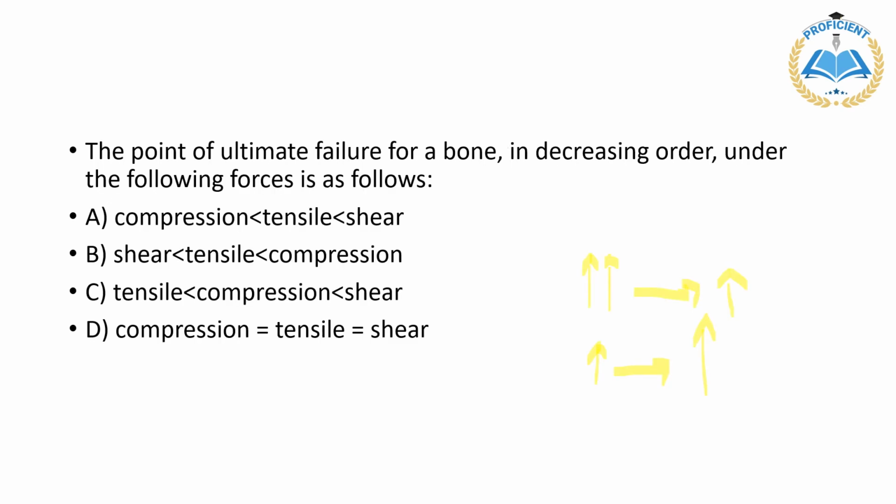The point of ultimate failure on a bone in a decreasing order is as follows. Decreasing means from more to less, that is, which force is required, in which order. What they are asking is from more to less, which means you need more force for the bone to reach the point of ultimate failure.